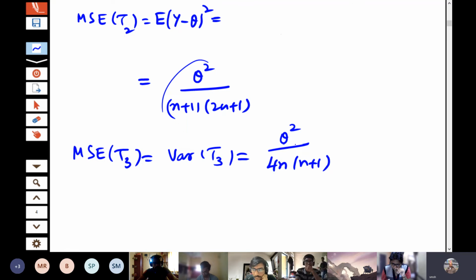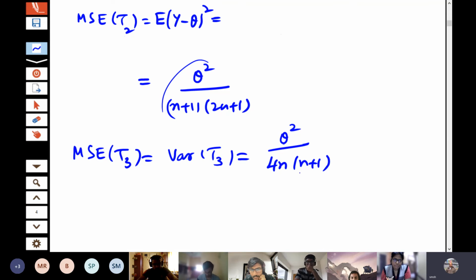So we need to compare these, because the one which has the smallest will be considered the best. All of them are simply multiples of theta square, so whatever statement you write will be valid for all theta. So only the denominators need to be compared.